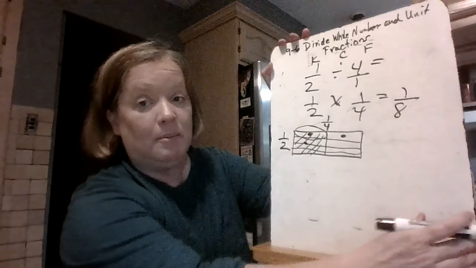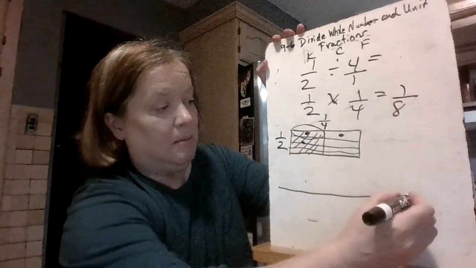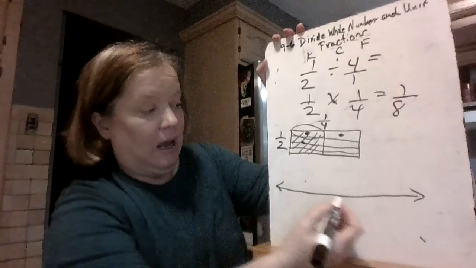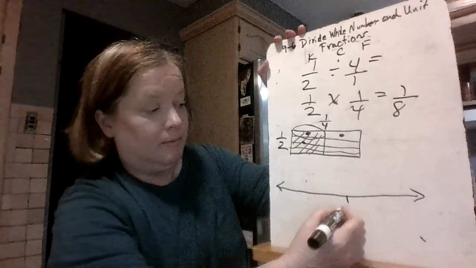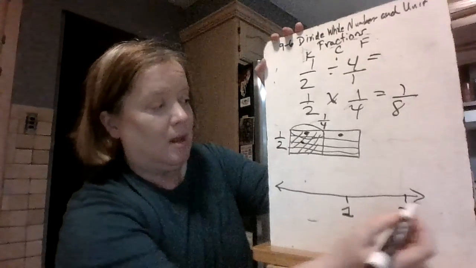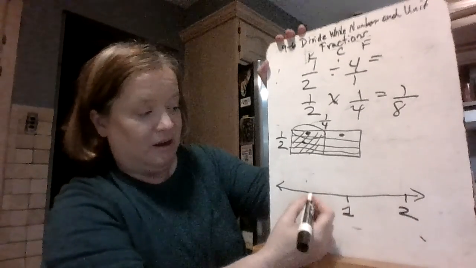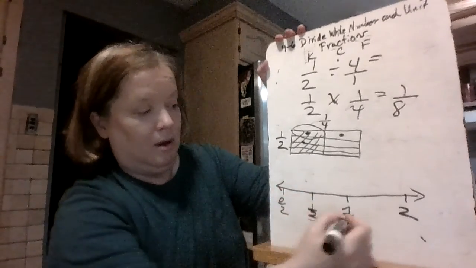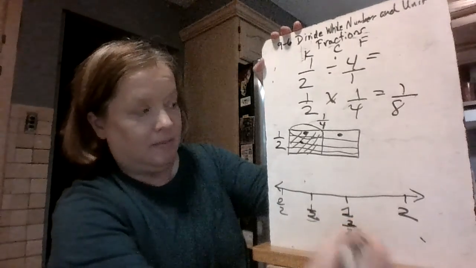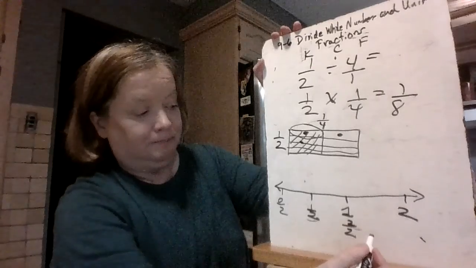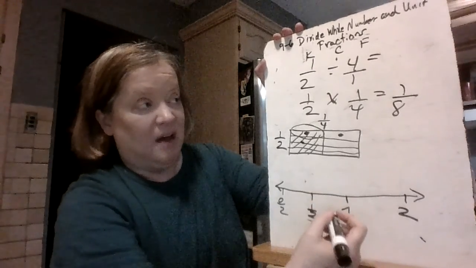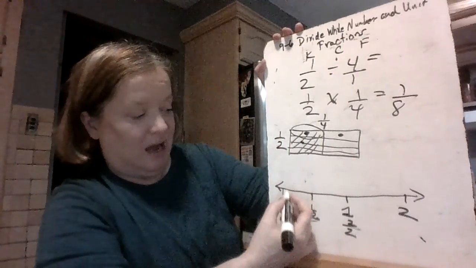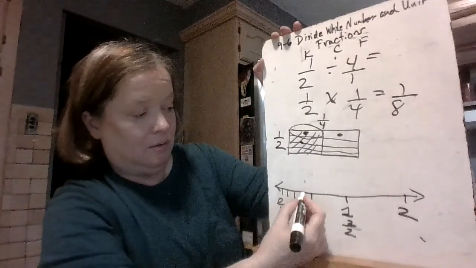I can also show that on a number line. Let's say I made a number line and I started it, and 1 whole is here, and here's 2. Well, I can take the 1 whole and cut it in half. So here's a half, and here's 0 halves, and 1 is technically 2 halves. Then to model the same thing, I can cut these halves into 4 parts. So I'm going to put 3 lines.